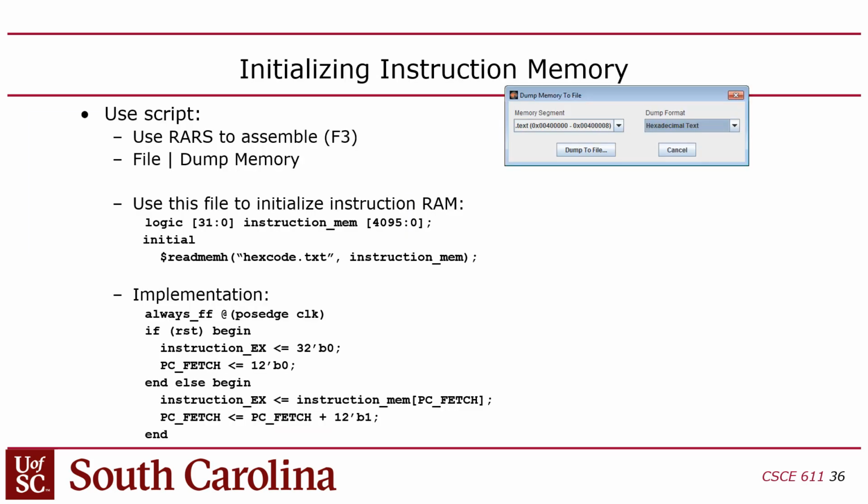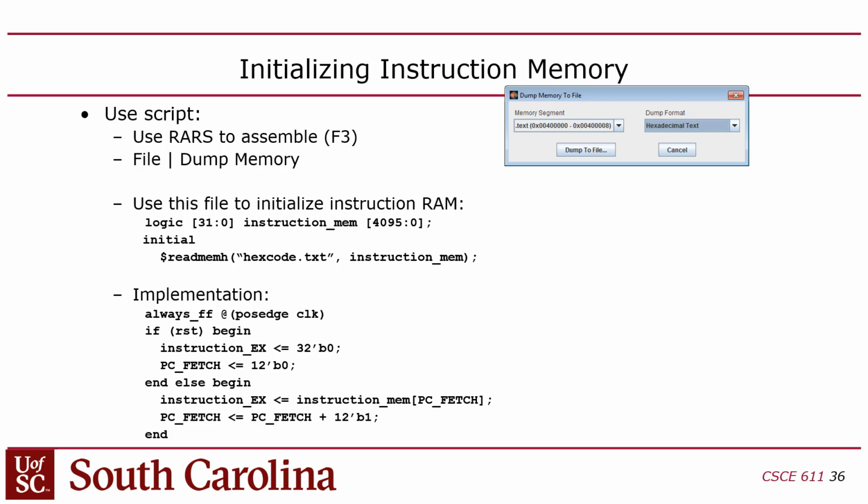Okay, so this is the thing I was talking about with the code. You're going to write your code in RARS, and you assemble it, and then you go to File, Dump Memory, and it'll bring up this dialog box. You just say that you want to dump the text, and the format should be hexadecimal text.